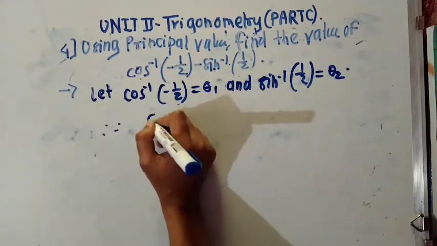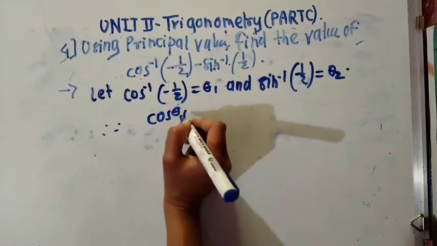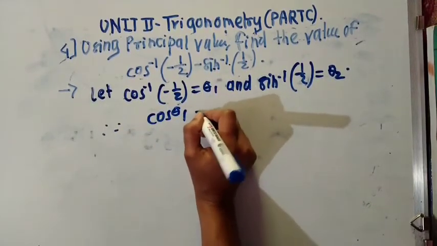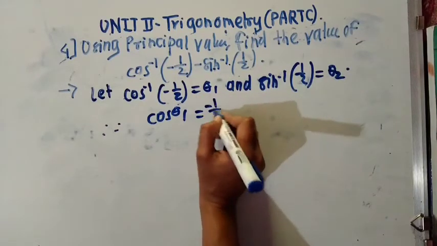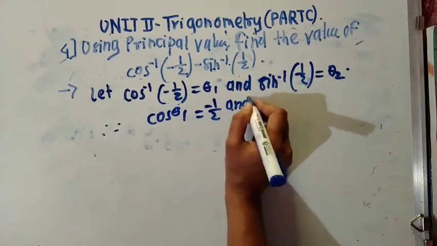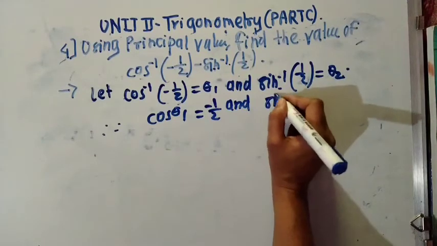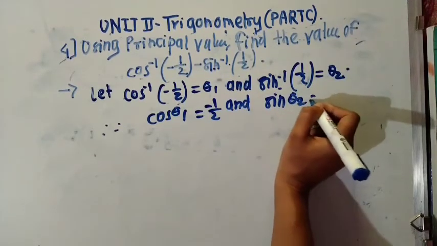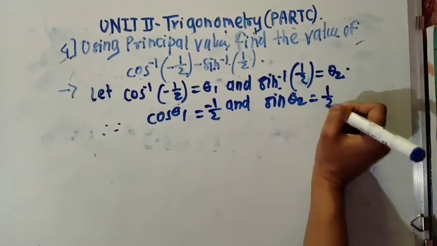Hence cos theta 1 is equal to minus 1 by 2, and sin theta 2 is equal to 1 by 2.